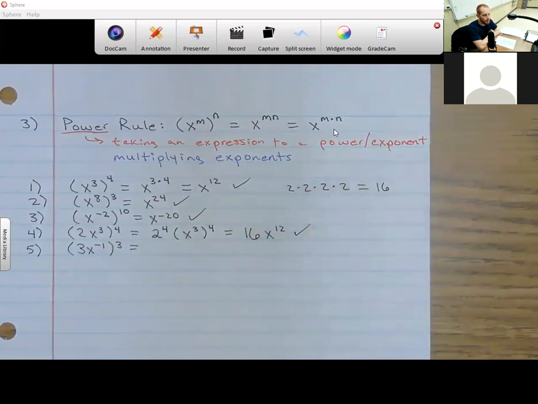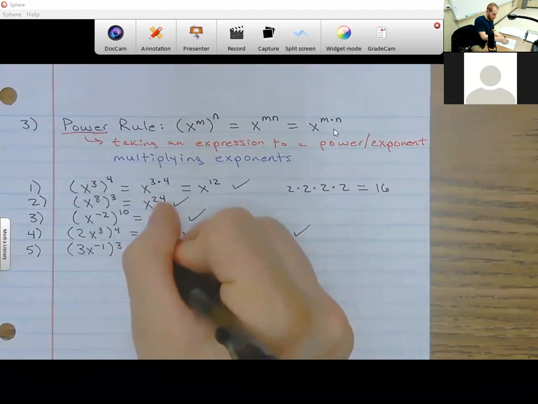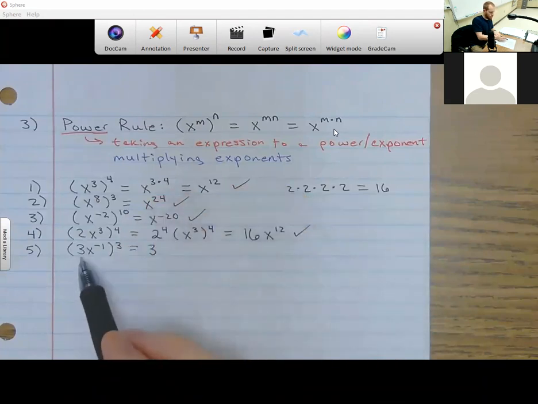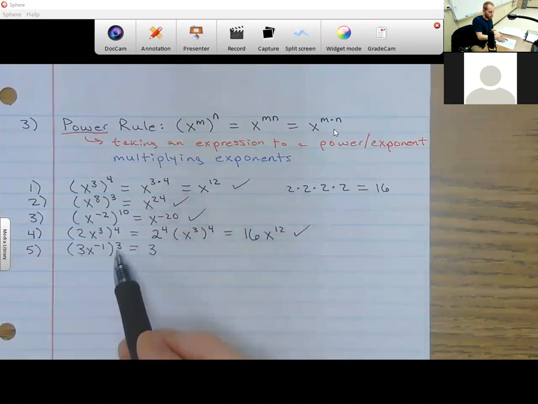Okay? Let's look at number 5. For number 5, what's my coefficient? My coefficient is 3, but my exponent is also 3, right? So my coefficient can be brought out as a 3. And what am I doing with the 3? I'm raising it to the 3rd power.